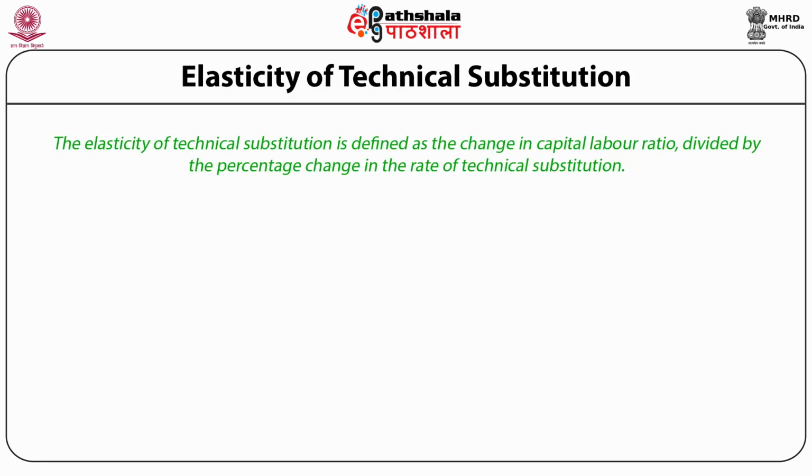The elasticity of technical substitution is defined as the percentage change in the capital-labor ratio divided by the percentage change in the rate of technical substitution. Elasticity of substitution is equal to percentage change in K by L, divided by percentage change in MRTS of labor and capital.